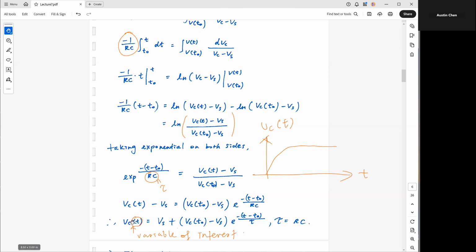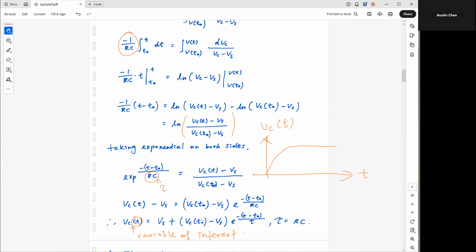So moving things around, I can solve for VC of t. VC of t turns out to be Vs, and remember, Vs is my voltage source, for example 5 volts, plus Vc at t0, the initial condition. Every time you see this 0, that indicates that you have some initial condition. That means you may have some initial voltage sitting across this capacitor at t0, whatever that initial time instant is.